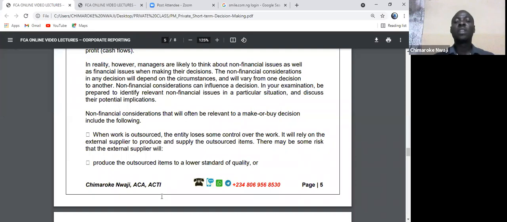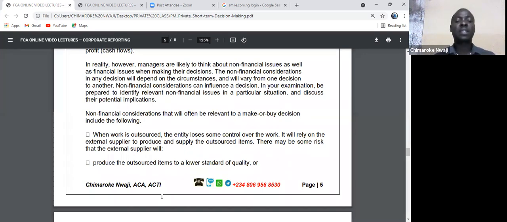So it means that it will rely on the external supplier to produce and supply the outsourced items. They cannot have control over that. They will lose some control. And that will bring some risk.